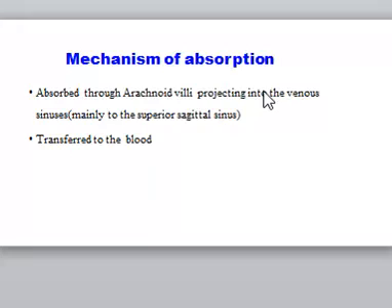Choroidal substances pass slowly and crystalloids are absorbed rapidly. Normally, about 500 ml of CSF is formed every day, and an equal amount is absorbed. So it is transferred towards the blood.